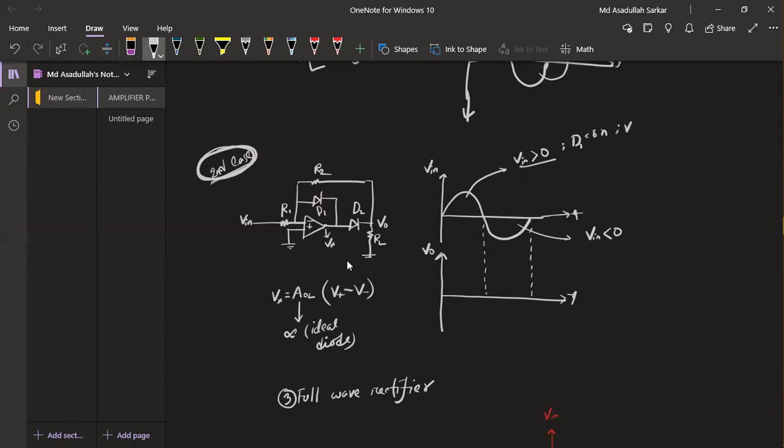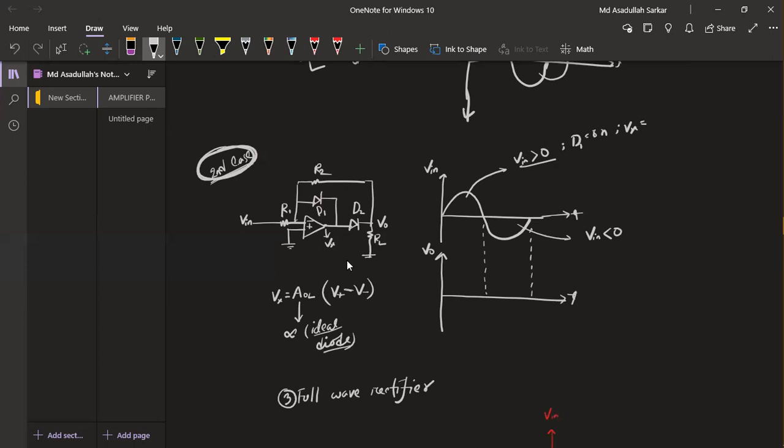Vx will be the open loop gain, which is always infinite for an ideal op-amp, times the difference between V plus and V minus. V plus is grounded, so 0, and V minus is connected through R1 with V input. That's why V negative will always be positive for the positive half cycle.